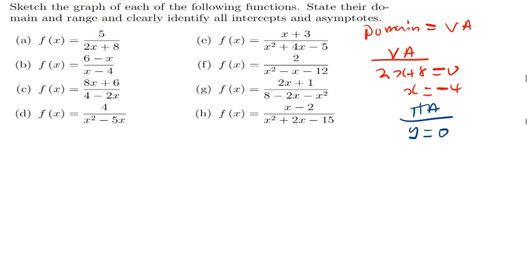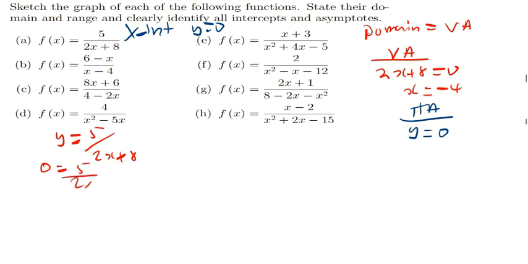Then you need to find the intercepts. To find the x-intercept, y should be equal to 0, then solve for x. So y is equal to 5 divided by 2x plus 8. Where there is y, put 0. Now cross multiply: 5 is equal to everything here times 0, which is 0. 5 can never be equal to 0.